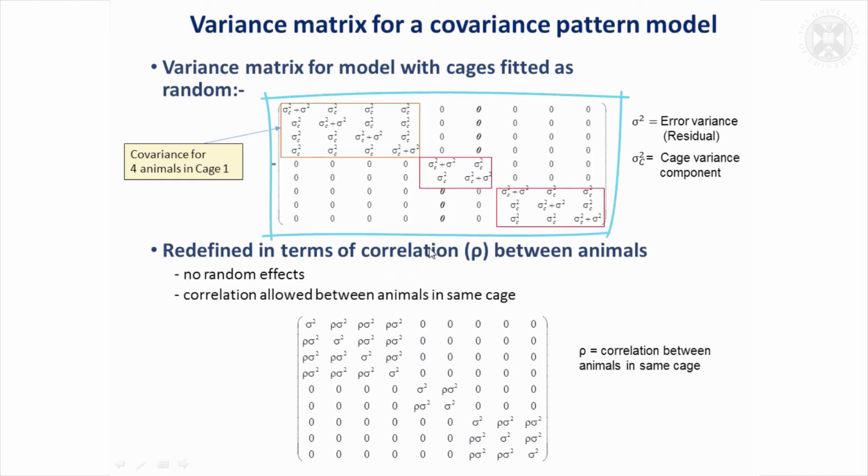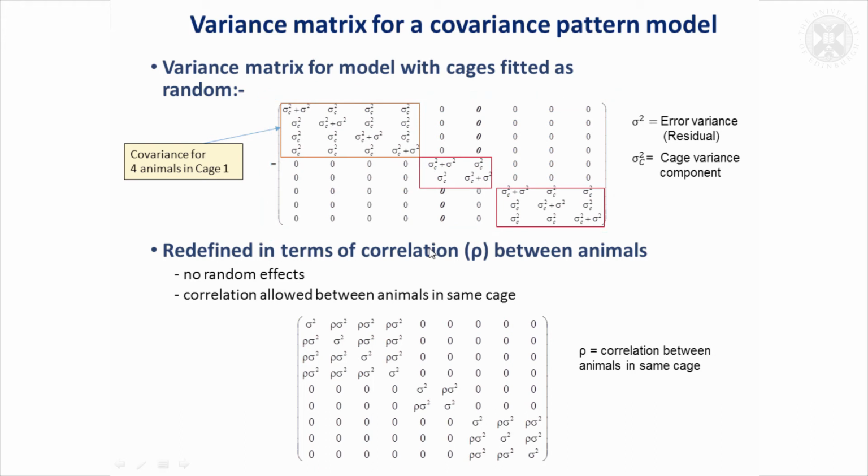So we've got the cage variance component plus the residual variance down the diagonal of the matrix, which is the overall variability between the animals. And this is the covariance between animals in the same cage, which is sigma c squared. And that's a variance component. And we're saying, well, that variance component might be negative, but it shouldn't, that's not allowed because it's a variance component.